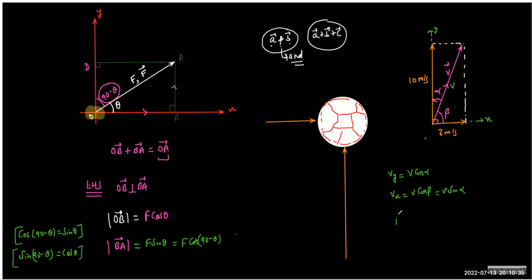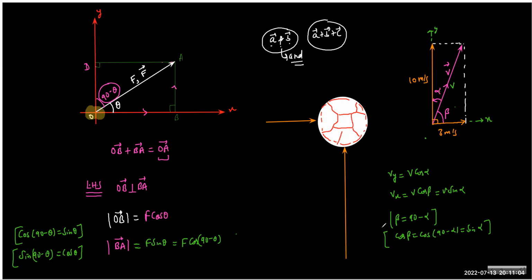You're not getting it. Beta is what? 90 minus alpha. So cos beta will be cos 90 minus alpha, which is sin alpha. I'm trying to break the barrier of sin and cos. Don't get trapped in sin and cos. Just remember, there's only one thing in life. It's only cos.